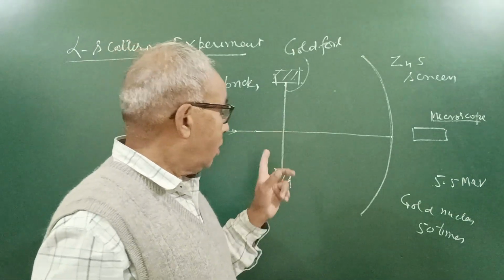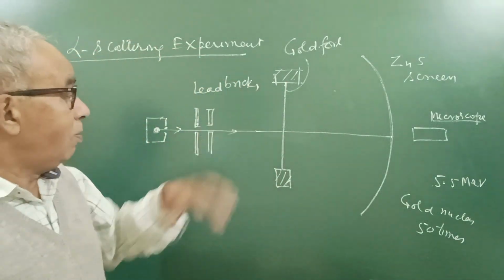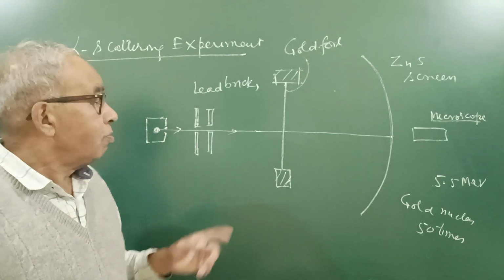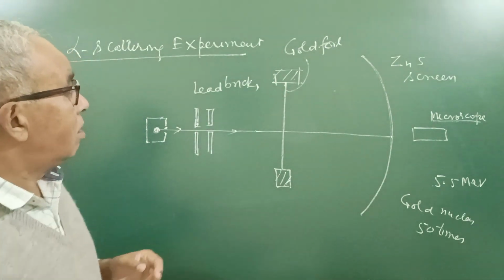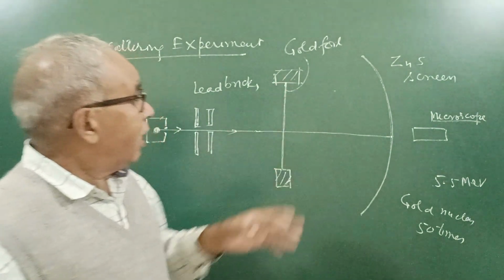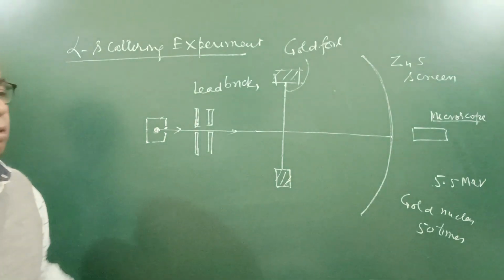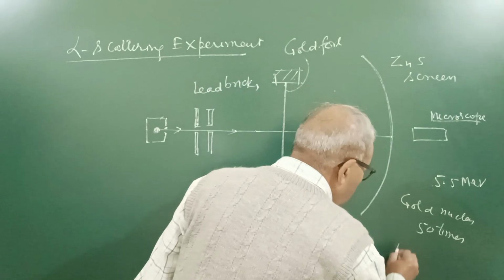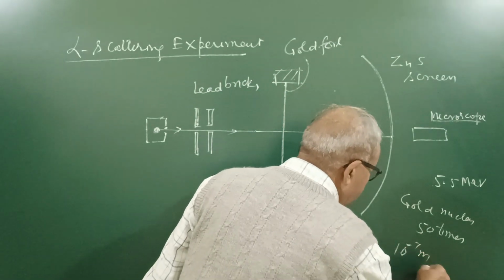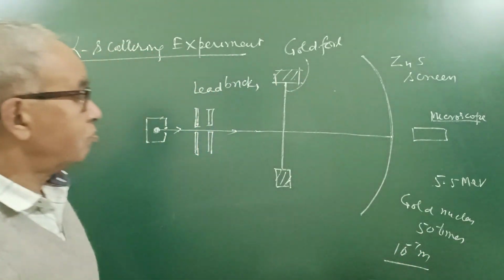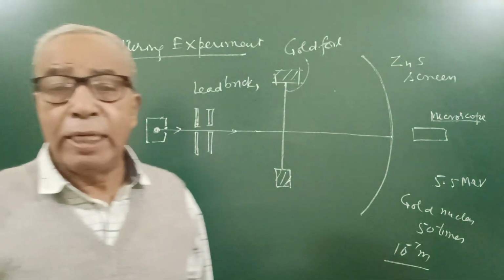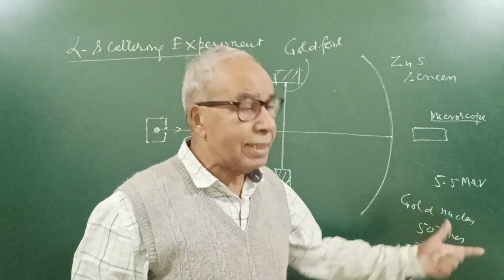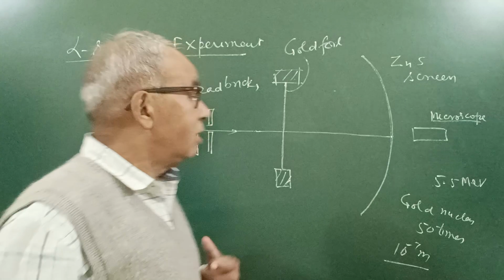So the gold nucleus remains in its own place, and we can obtain the thinnest sheet, because gold is the most malleable material. A sheet of thickness of the order of 10 to the power minus 7 meter can be obtained. Gold is taken because of its heavy nucleus, and we can obtain the thinnest sheet.